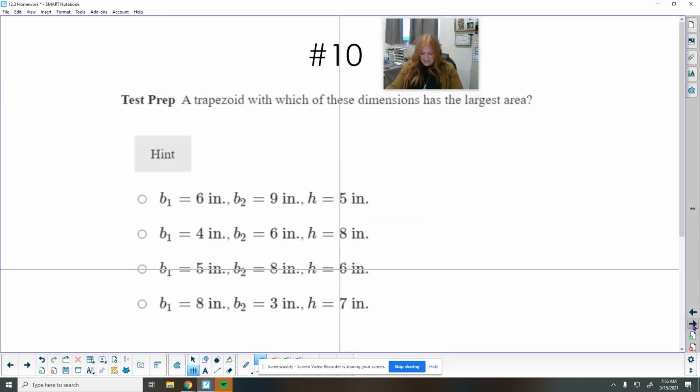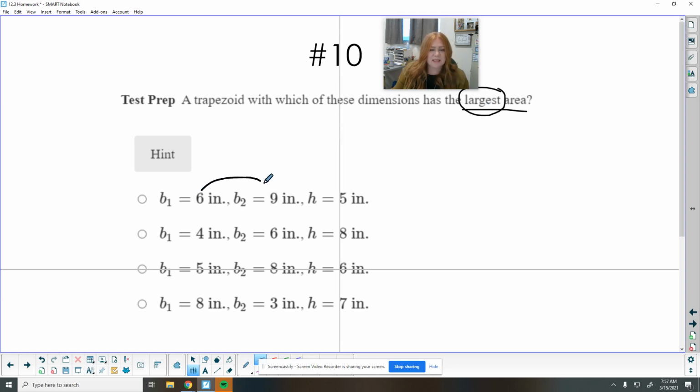Okay, number 10 here asks us which trapezoid with these dimensions is going to have the largest area. So I know if I want the biggest area, that means I probably need the biggest numbers here. So we've got 6 and 9 and 5.